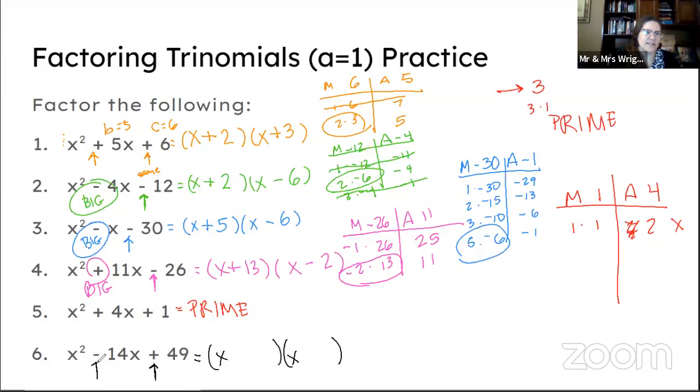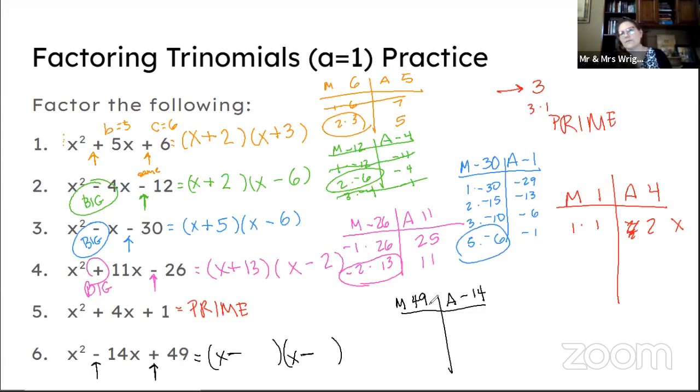And what sign is that? Well, it's a negative sign right here. So I've got 2 negatives that I'm going to be multiplying, okay? And I want them to multiply to equal their C value, which is 49, and add to be the B value, which is -14.